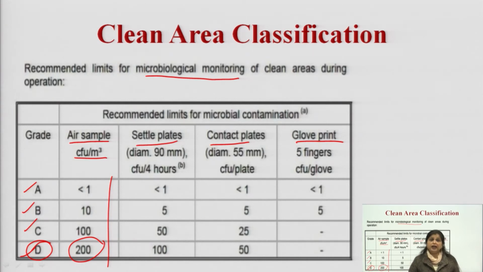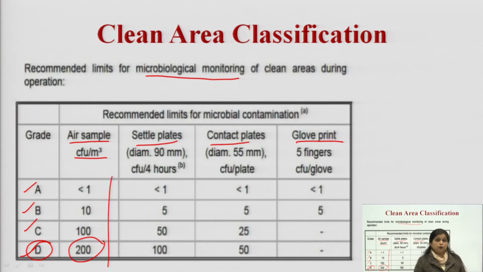Even cotton swab methods can be used for collecting surface samples, air samples, or any samples within the lab. After collecting those samples, we have to inoculate them into the media.